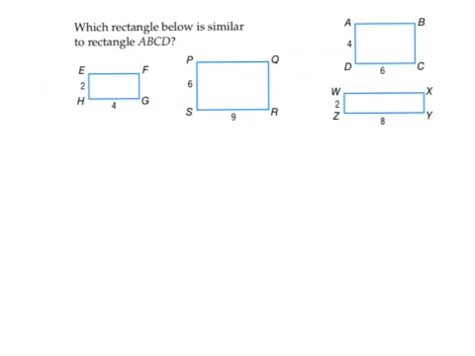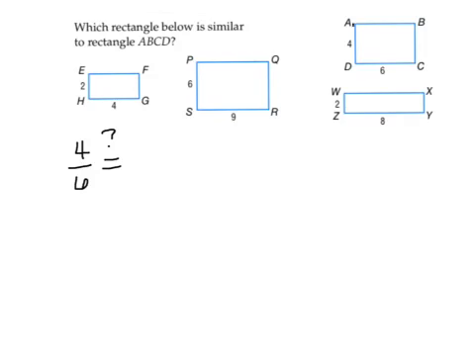So let's do examples. The first one here, we want to find which rectangle below is similar to rectangle ABCD. Rectangle ABCD, which is up at the right-hand corner, has the corresponding sides of 4 to 6. So that's what I'm going to put here. My first one is 4 over 6. What I want to know is, does that equal one of the others? So I'm going to look here at this first rectangle, EFGH. And here you do have to make sure you set this up in the correct order.